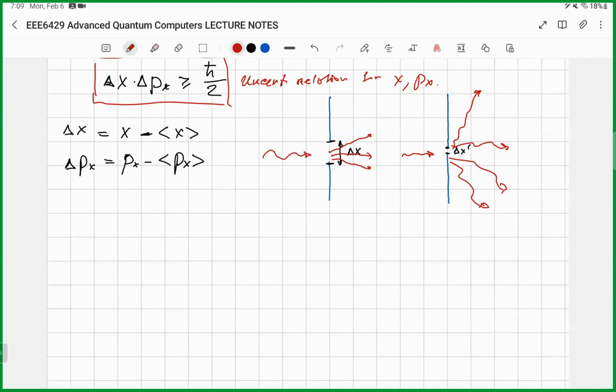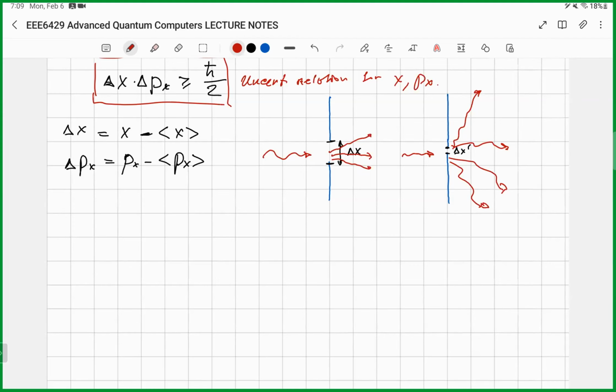And this is like an illustration of how increasing the accuracy of the detection of the particle in a particular place increases the uncertainty in the momentum of the particle.